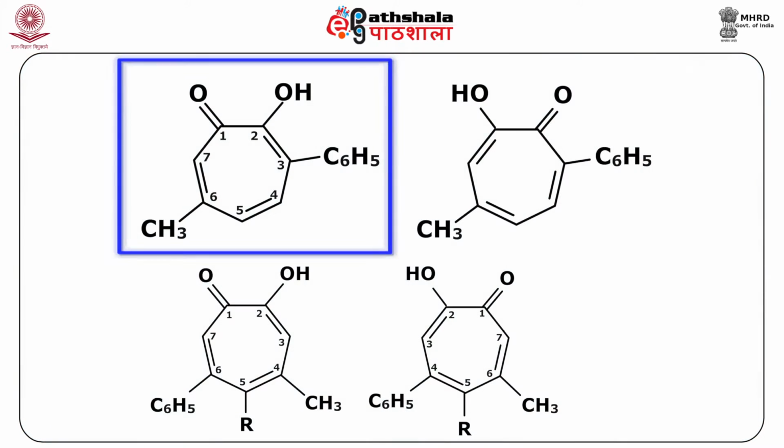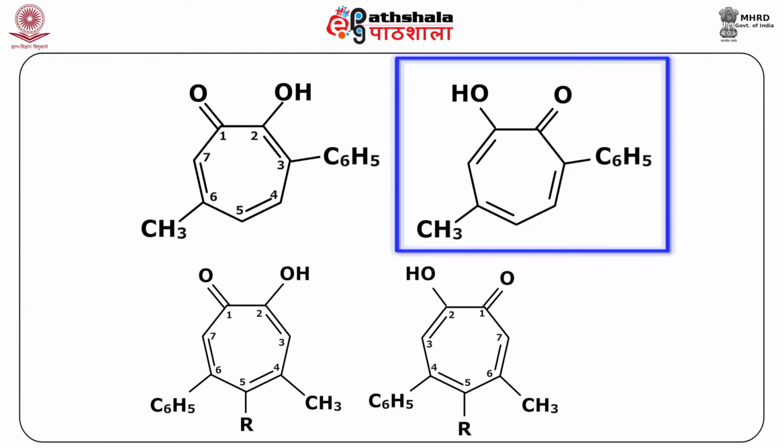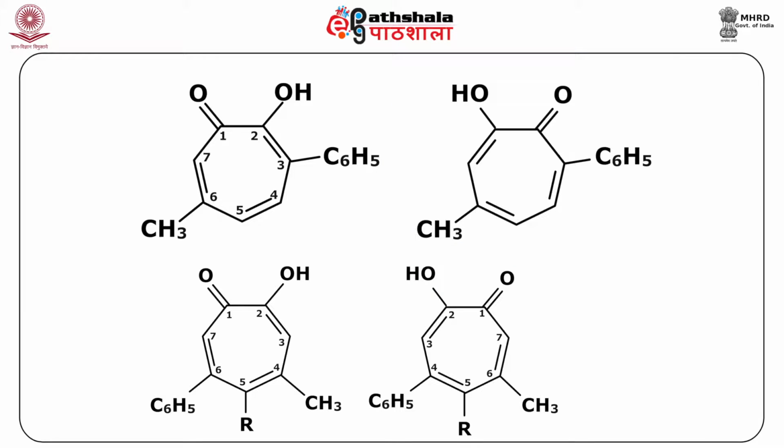For example, this compound is named 6-methyl-3-phenyl tropolone and not 4-methyl-7-phenyl tropolone. Second, where the above rule becomes indecisive, the substituent which is named first receives the lower of the two possible numbers.